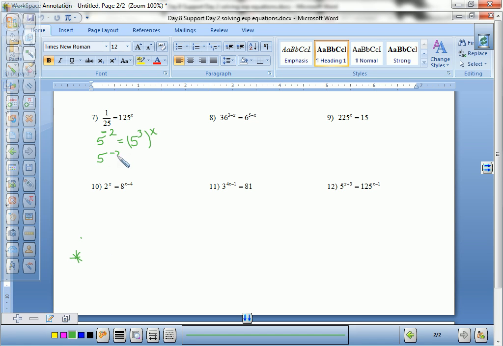We get 5 to the negative second equals 5 to the 3x. So negative 2 equals 3x. So when we divide by 3 to solve, we get negative 2/3 is our answer. And that's perfectly fine.